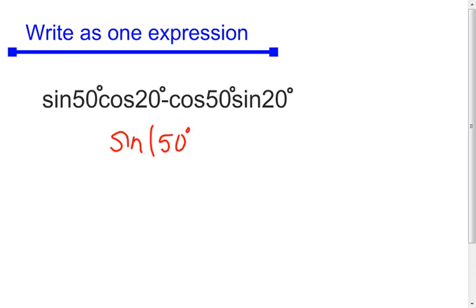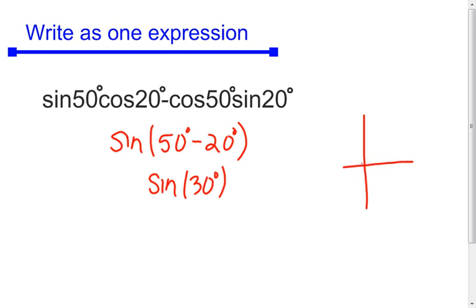Alpha is 50 degrees, beta is 20 degrees. 50 minus 20 we know is 30. Since you have coordinates for 30 degrees, I want you to actually find sine. So 30 degrees is over here. Your coordinates are root 3 over 2 and 1/2 if you're looking at your unit circle. Sine is your y value, so the answer for this would be 1/2.